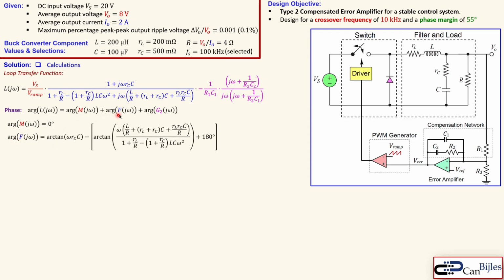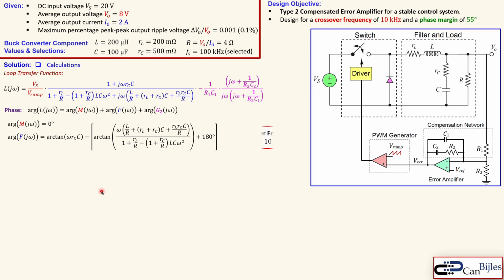The filter itself will have an expression for the argument given by this expression. You see here the arctangent of the numerator minus the arctangent of the denominator, imaginary value divided by the real value, but imaginary value divided by the real value will be negative, so we need to add also 180 degrees there.